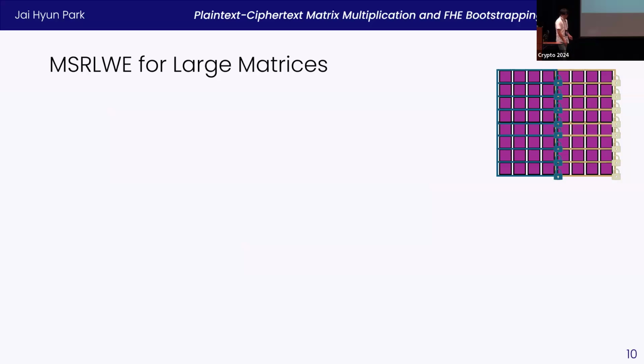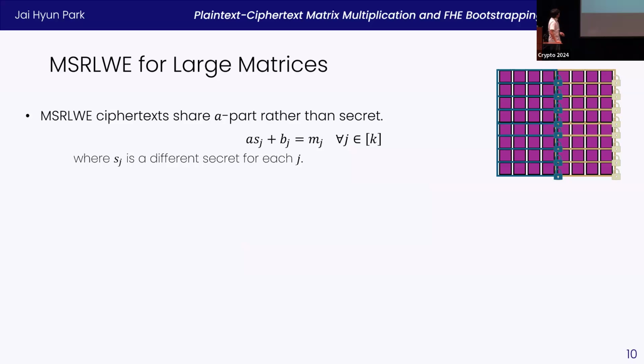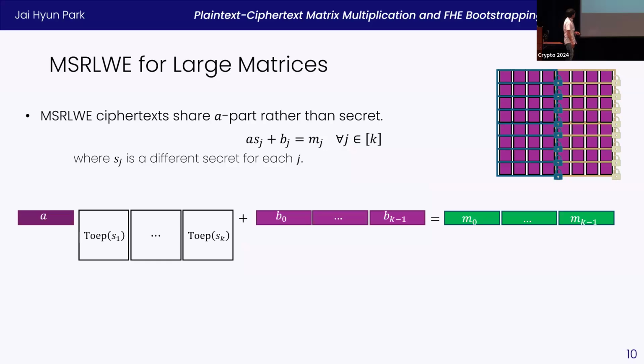Okay, so for large matrices, we're going to use multi-secret ring LWE. In that case, the multi-secret ring LWE ciphertexts share the A part rather than the secret. As we did for the ring LWE, we can simply verify the entries to see that multi-secret ring LWE ciphertexts are equivalent to a structured linear equation, but with some different structures.